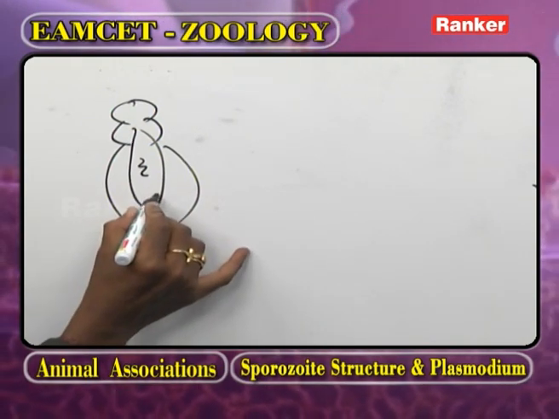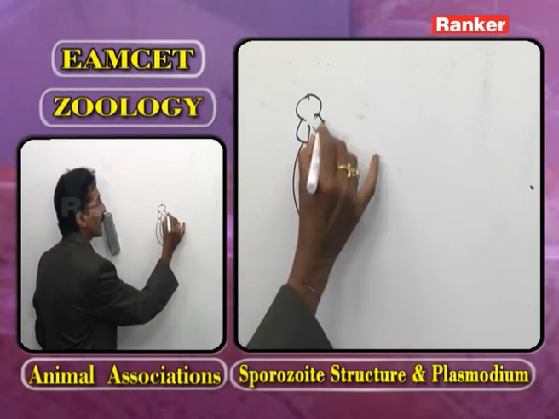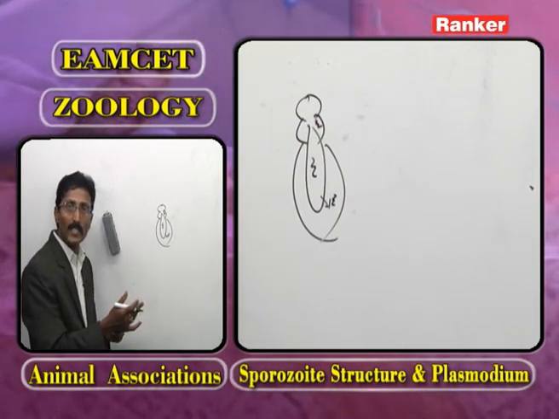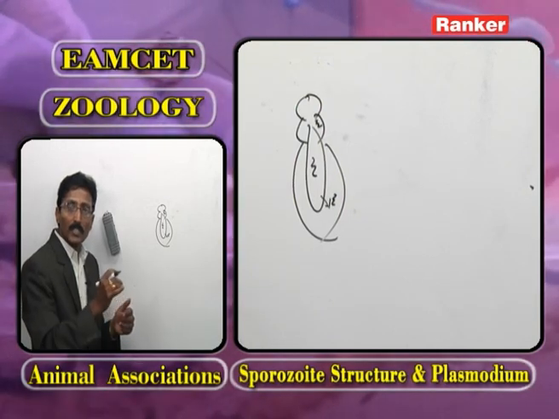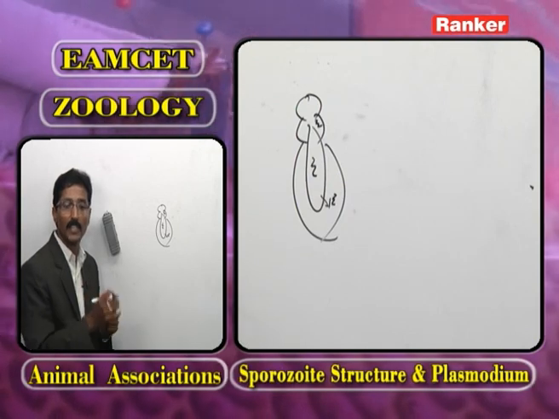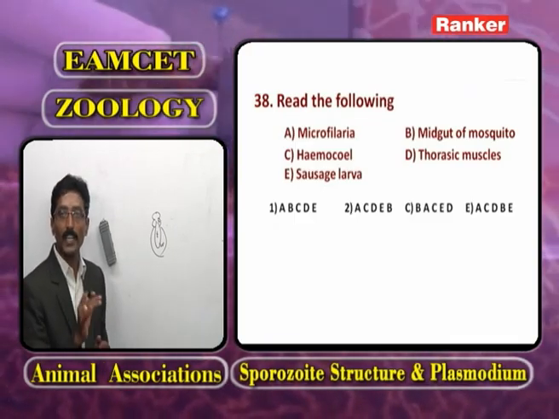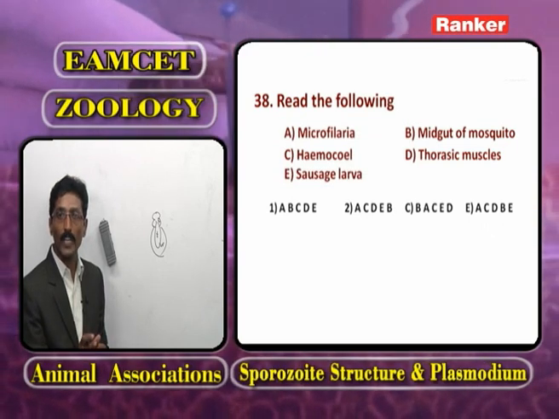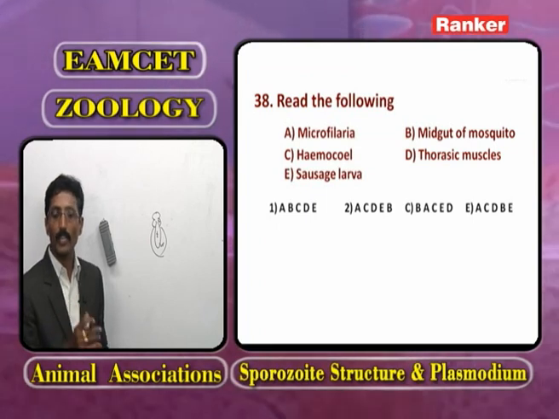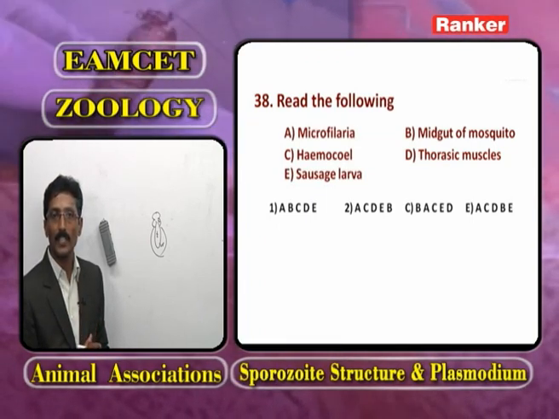Now it enters into the hemocoel. Later it enters into the thoracic muscles. In the thoracic muscles, it becomes the short, stumpy, sausage-shaped larva. Now, based on this information, arrange in a sequence: microfilaria larva, midgut of mosquito, hemocoel, thoracic muscles, and sausage larva.